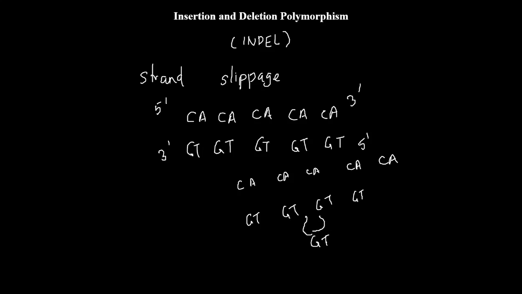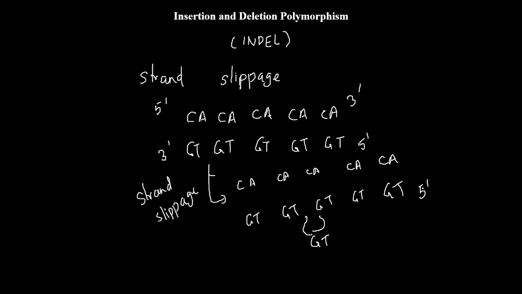Now what the DNA polymerase will do, so this is step number 1. Because of the strand slippage, what is going to be happening? This strand slippage is forming the loop now. Now because this is the loop, the DNA polymerase will add GT here.